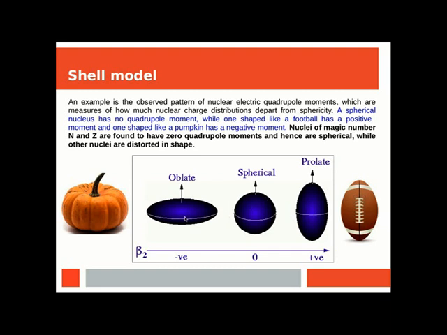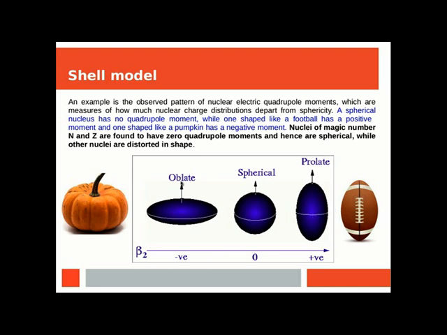All other nuclei having any other type of shape, there are two more types of shape possible: the oblate shape, which looks like a pumpkin, and the prolate shape, which looks like an American football. It is not a soccer ball, it is a rugby ball. So the prolate shape looks like a rugby ball and the oblate shape looks like a pumpkin or red blood cells. Any other shape of the nucleus will not be as stable as the spherical, because oblate shape will have negative quadrupole moment while prolate shape will have positive quadrupole moment.